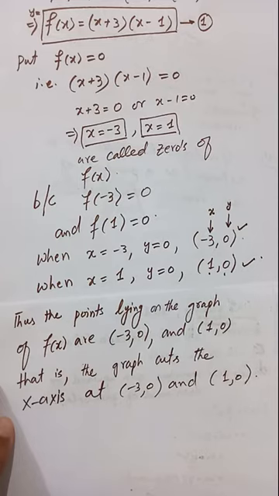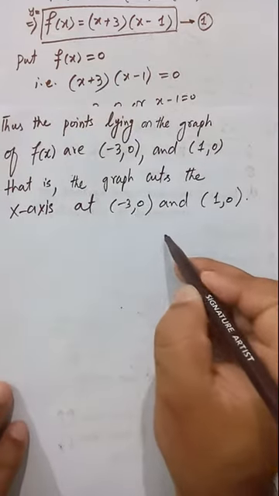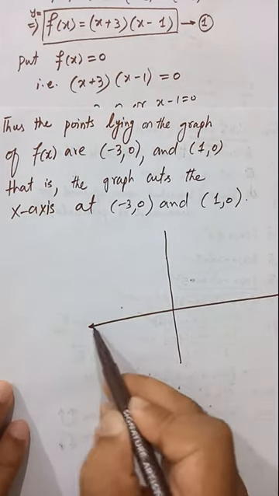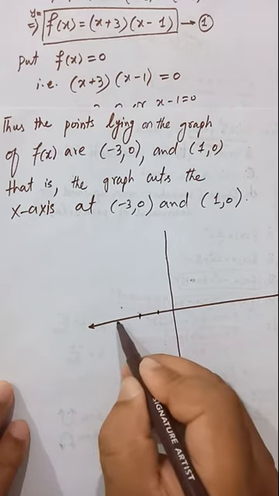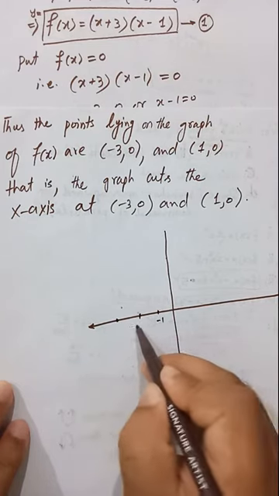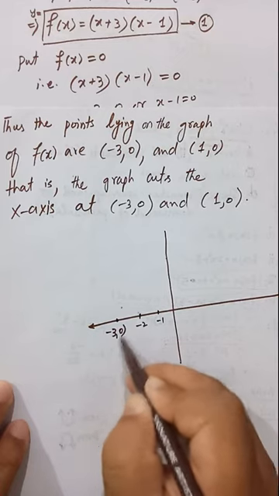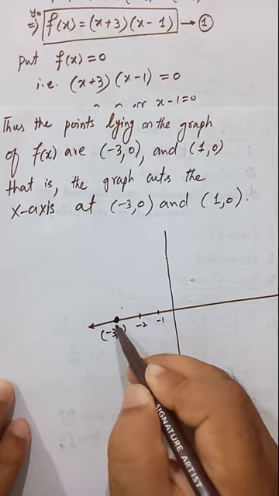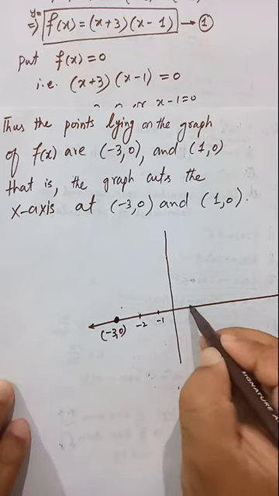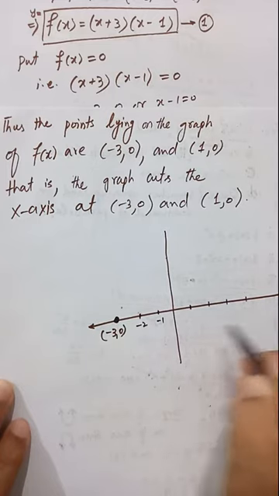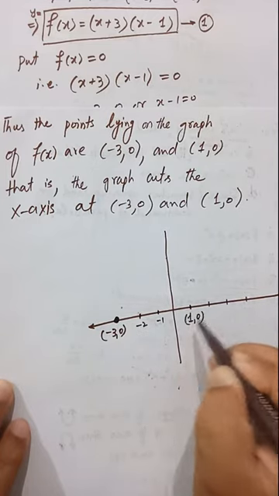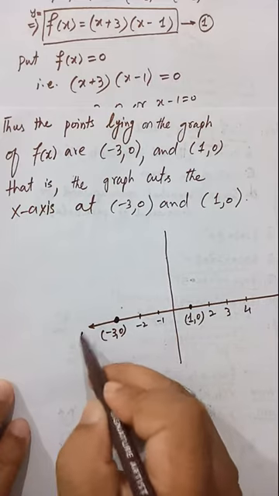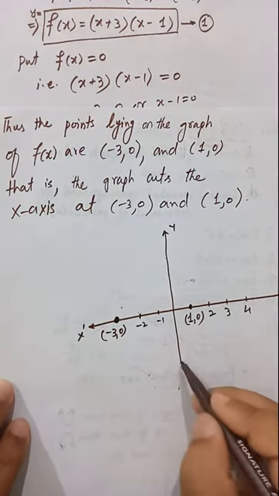These are actually x-intercepts. So you see, this is 1, this is 2, this is -1, -2, this is -3, 0. So this is one point from which the graph will pass, and this is 1, 2, 3, 4, so this is 1, 0. This is another point from which the graph will pass. This is your x-axis and this is my y-axis.